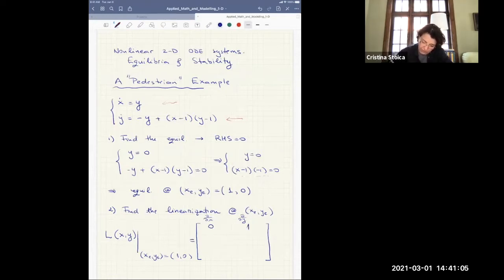And now for this one, it will be a y minus 1, but then we'll have to put it at x is 1 and y is 0. And then the other one is a twice, so we'll have a minus 1 plus x minus 1. And again, we have to implement the numbers.